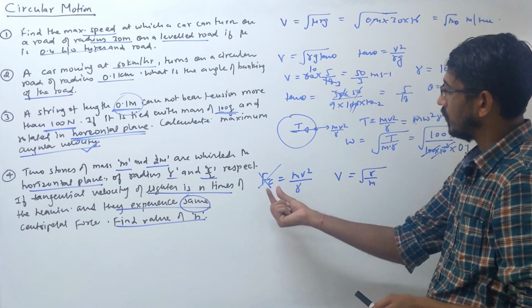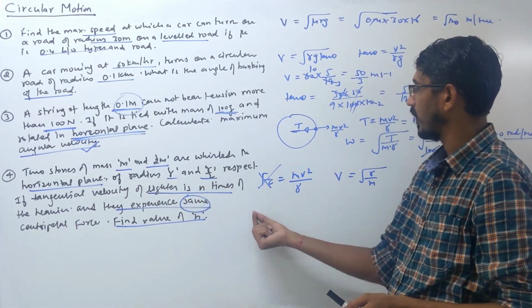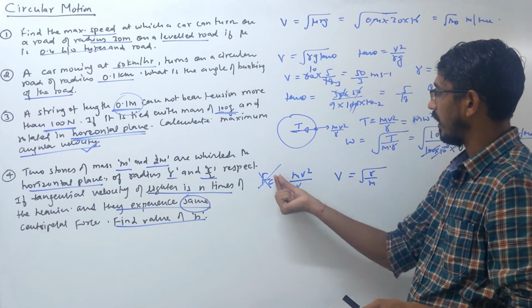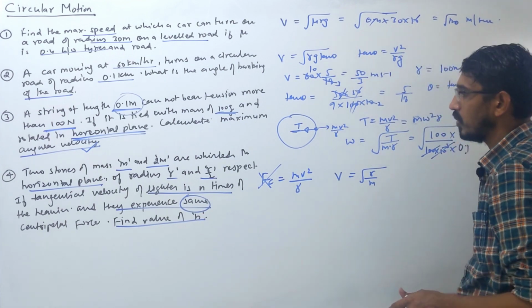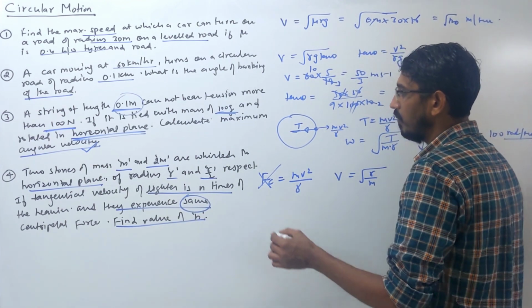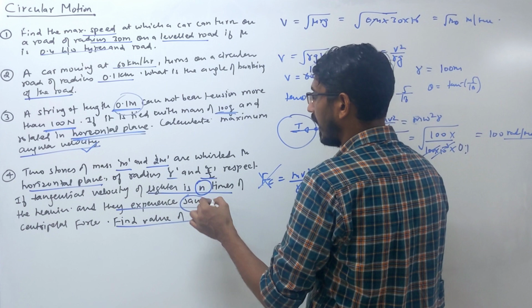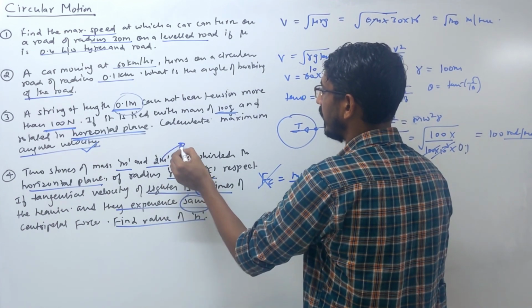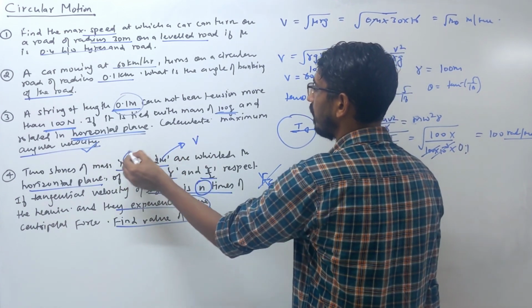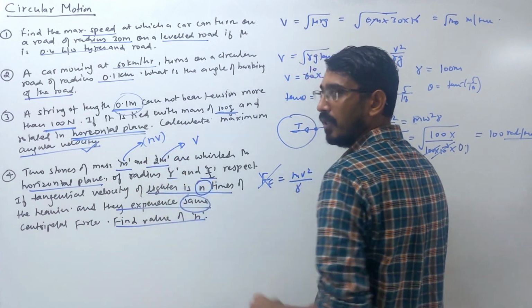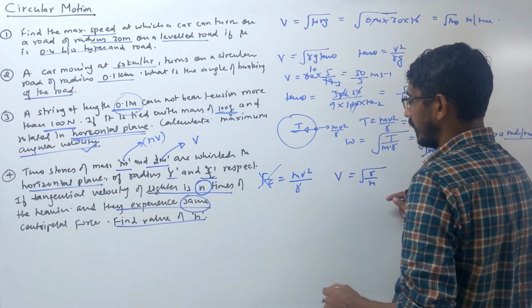Can you see? Because centripetal force is given the same, the velocity was root of r by m. So look here, they said the velocity of the lighter is n times that of the heavier. This 2m guy, calling velocity v, then that will be n times v, correct? Let's put it here. Okay.